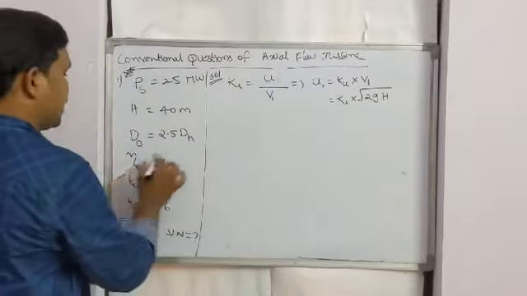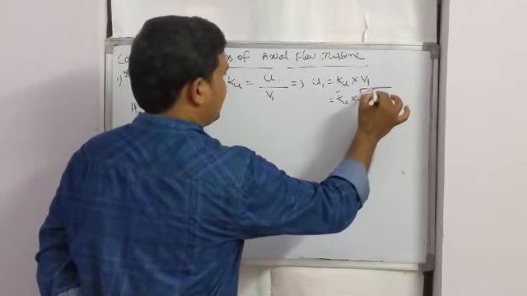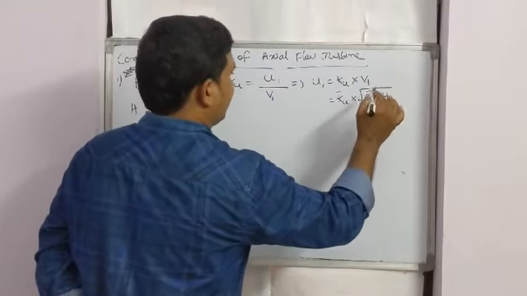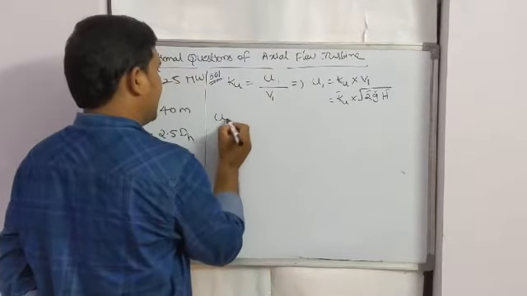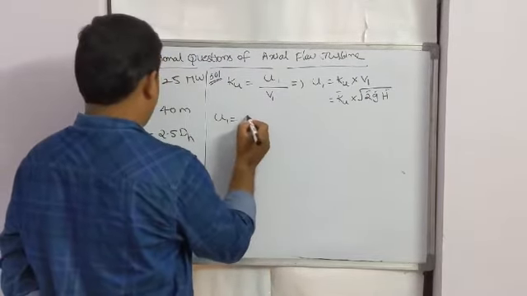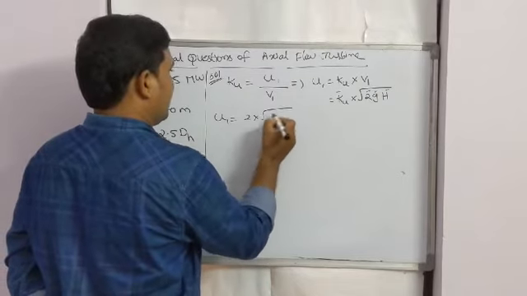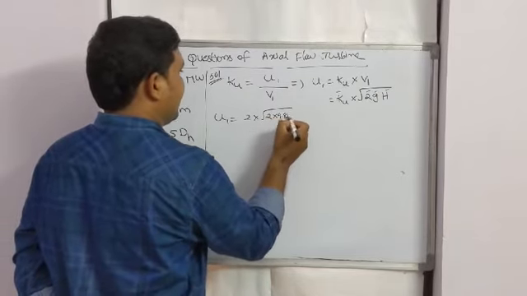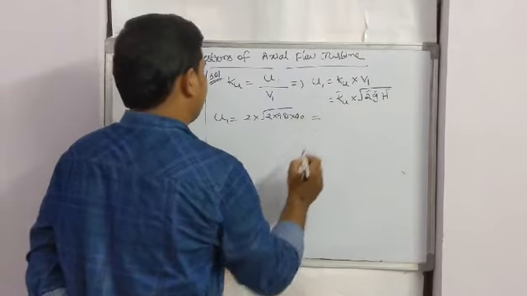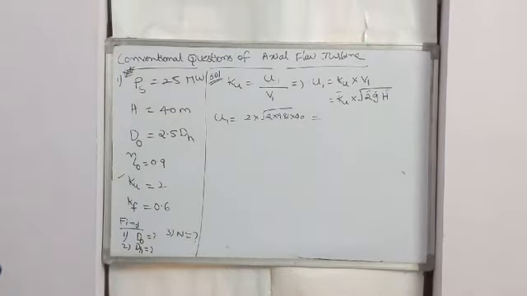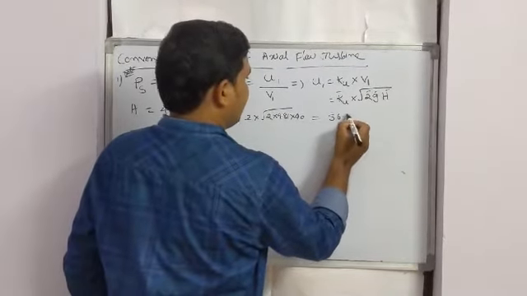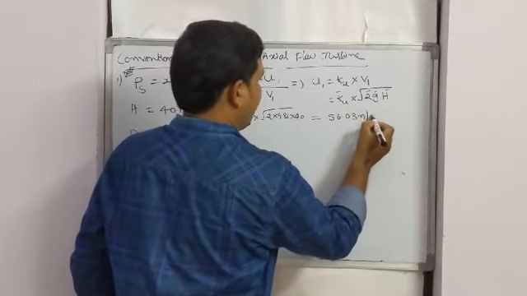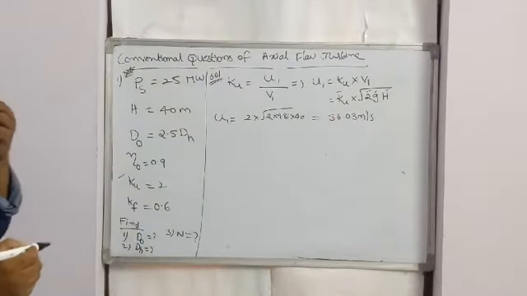Ku is given, 2 is a constant, g is the acceleration due to gravity 9.81, and head is given. Substituting, U1 is equal to Ku into root over 2 into 9.81 into 40 meter. By substituting all of that we get U1 equal to 56.03 meters per second.